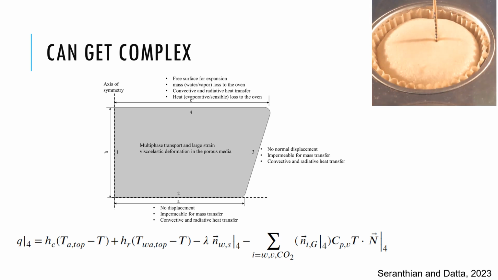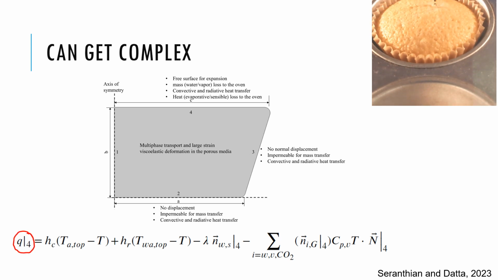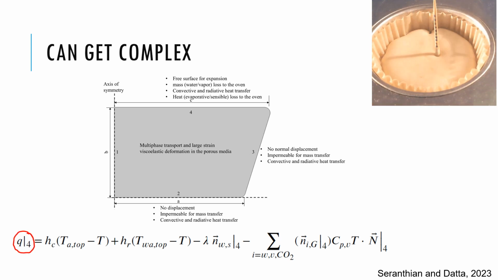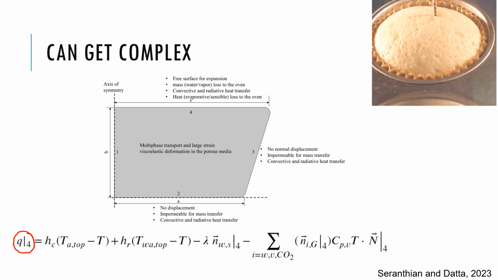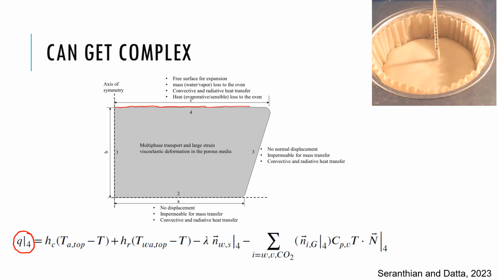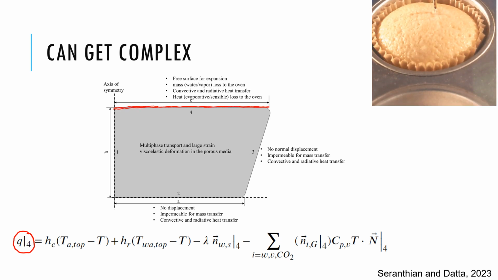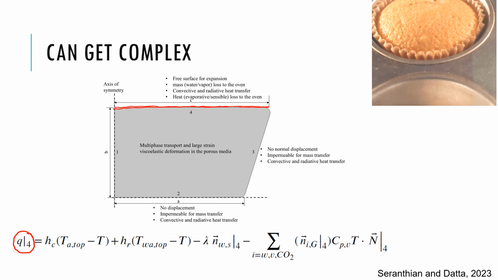So in this heat transfer boundary condition, so flux, let's say on this surface, so I'm just looking at one surface now, I'm not getting into all the details. This is the most complex surface for boundary condition, and I'm looking at only heat transfer.